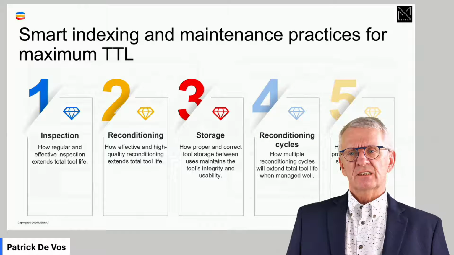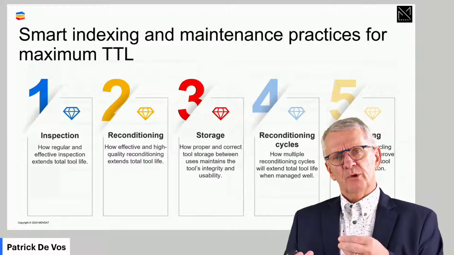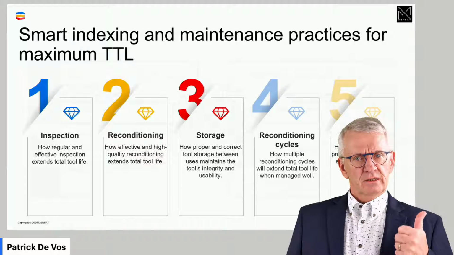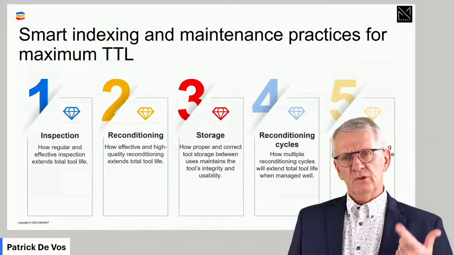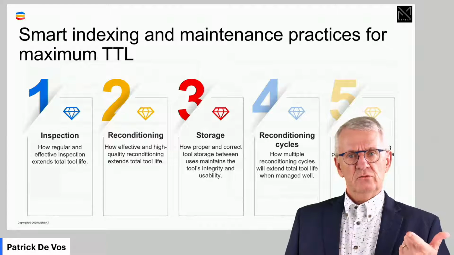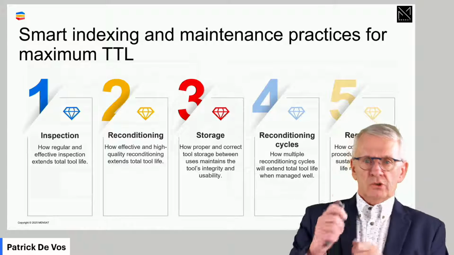Indexing and maintenance, as I said, is for me an important thing. Everything is important, but here it's important because it's neglected so much. Inspection: there need to be guidelines for how inspection is done. Reconditioning: what do we do with reconditioning? Do we do a professional job? Or do we do it the old way, I regrind it myself a bit and it looks more or less good?